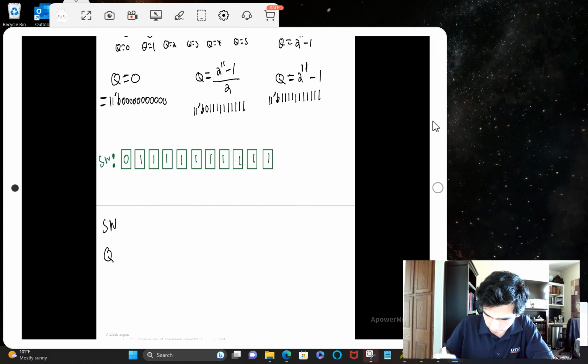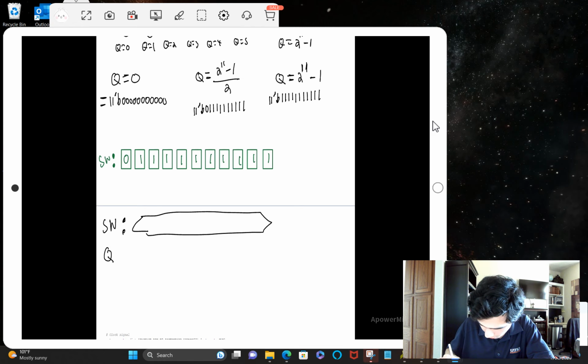Let's switch to this here. It means that for the entirety of the time, switch is going to be equal to that value.